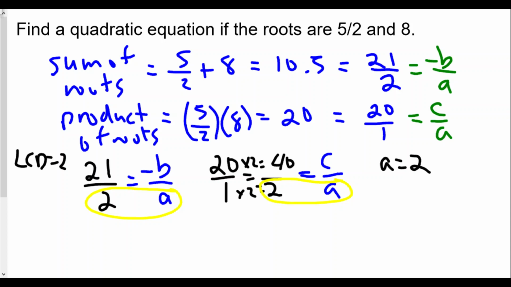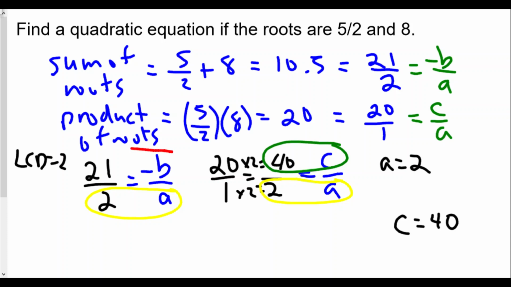This has a c value, in this case, of 40. They say, how come not 20? Well, the idea now is that we've modified the fractions to have the same denominator. And so now we can use the numbers that work out for both the sum and product.